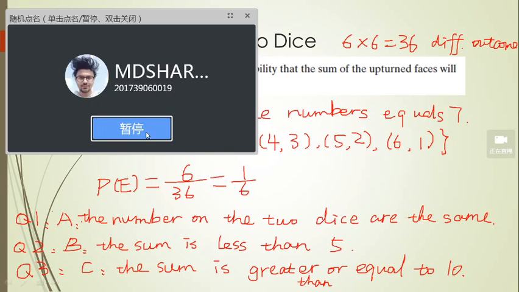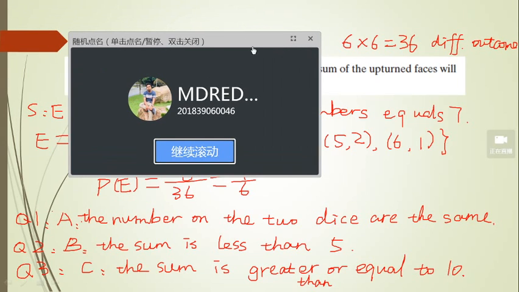Then Tariq, probability of event B, for the second question. And then Red One, probability of event C, the third question. Please write your answer in the group, then we can check quickly. It's pretty easy for this example, right?